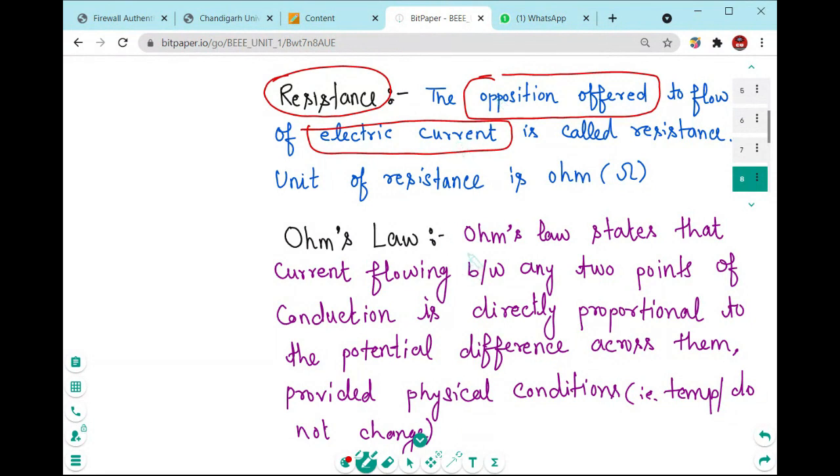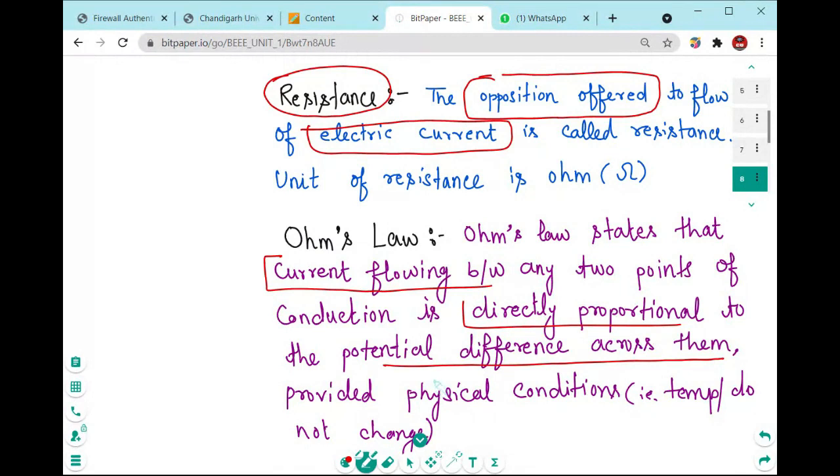And what is Ohm's law? Ohm's law states that the current flowing through, or between, any 2 points of a conductor is directly proportional to the potential difference across them. So how can you prove this Ohm's law?